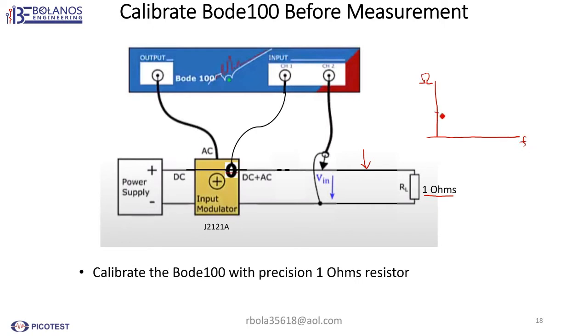You run a measurement and you should get 1 ohm throughout the frequency range that you're sweeping. So it should be nice and flat. That's how you know that it's calibrated. So that's the way you calibrate the Bode 100.